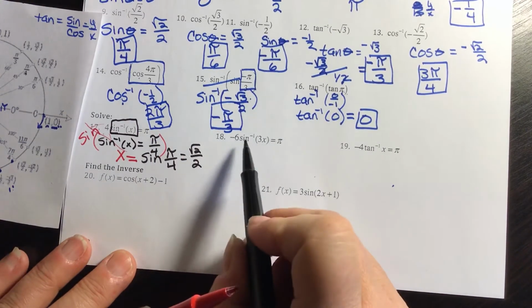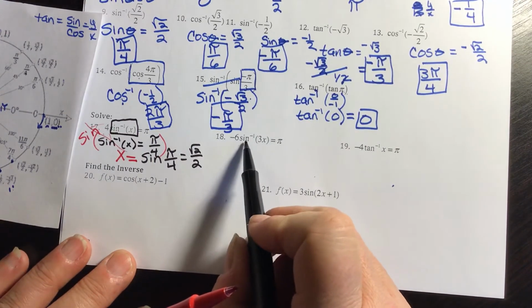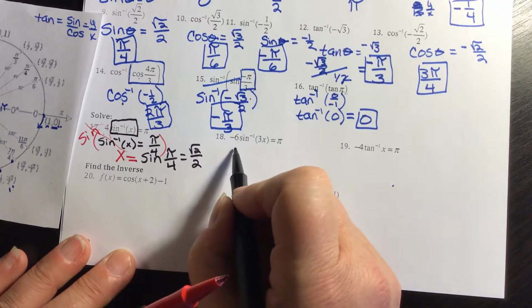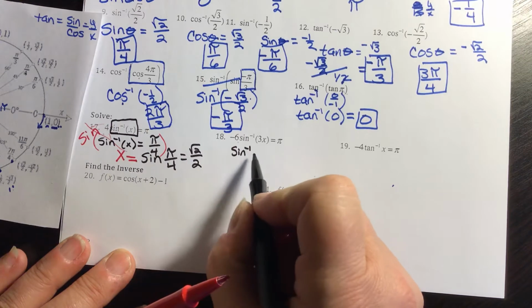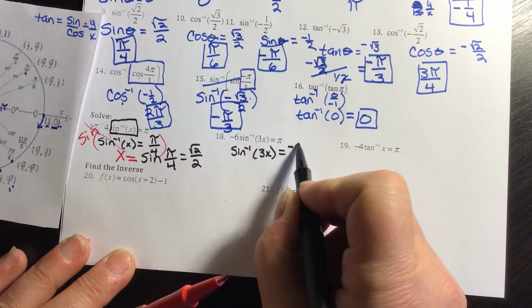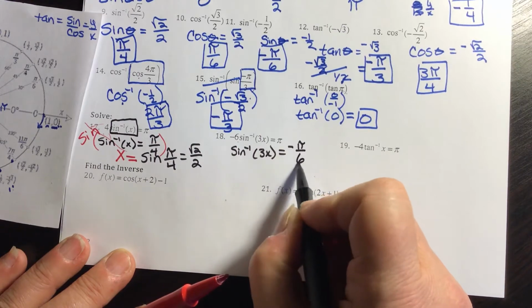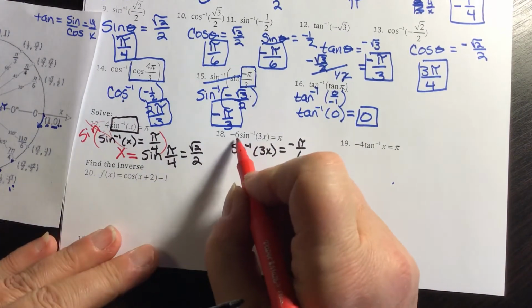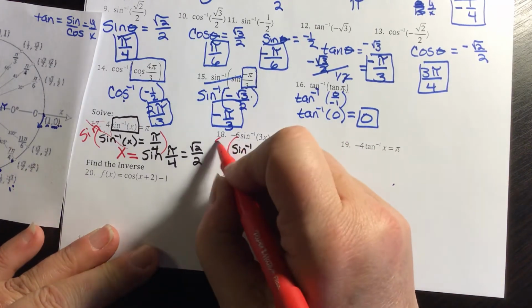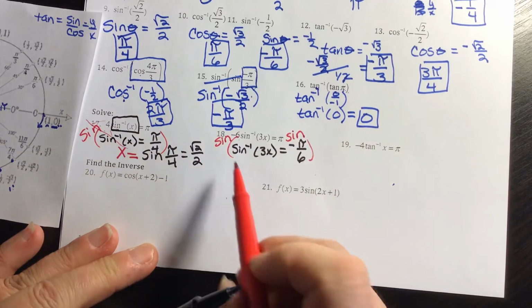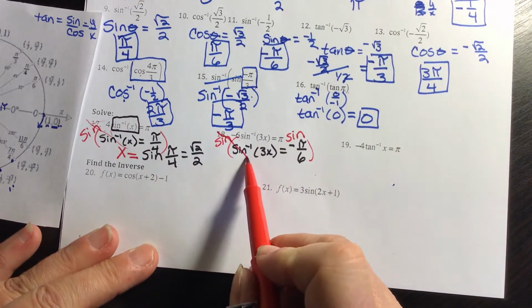Next one, I need to isolate the inverse sine, so I need to divide by -6. So I have sine inverse of 3x is -pi over 6. So now what I want to do is take sine on both sides so that these will cancel out.